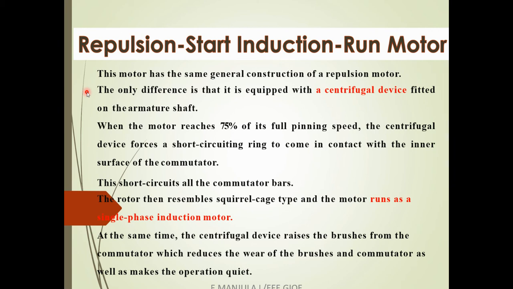This short-circuits all the commutator bars. Then the rotor resembles a squirrel cage type of induction motor, and the motor runs as a single-phase induction motor. At the same time, the centrifugal switch raises the brushes from the commutator, which reduces the wear of the brushes and the commutator, as well as makes the operation quiet.